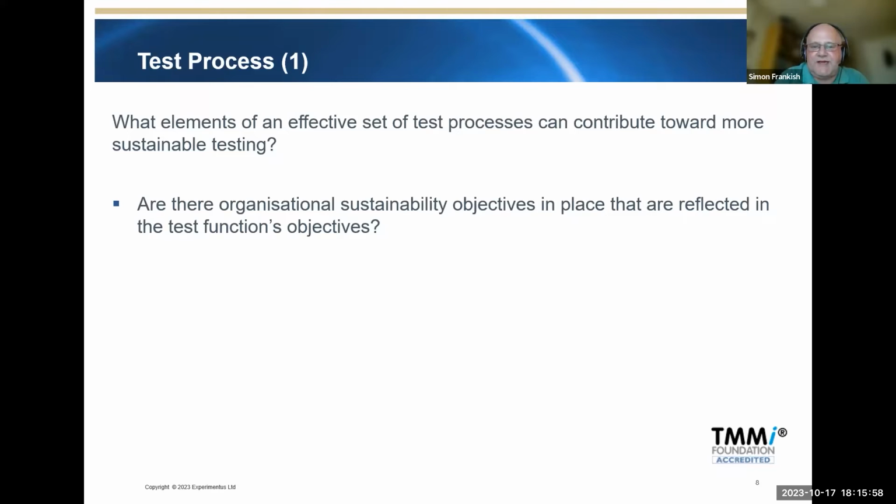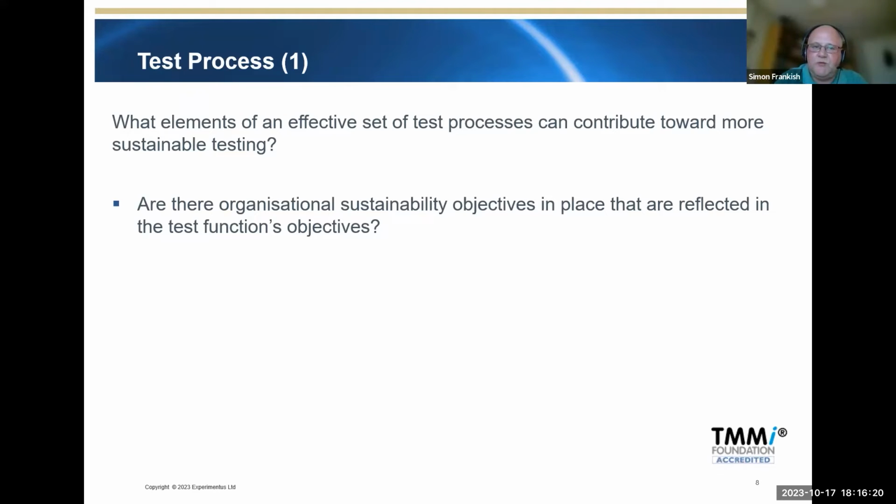objectives around sustainability in place for your organization as a whole that are potentially then reflected in your test function's objectives? So when you look at your organization, do they have stated objectives to reduce carbon footprint? Anything along the sustainability green lines?